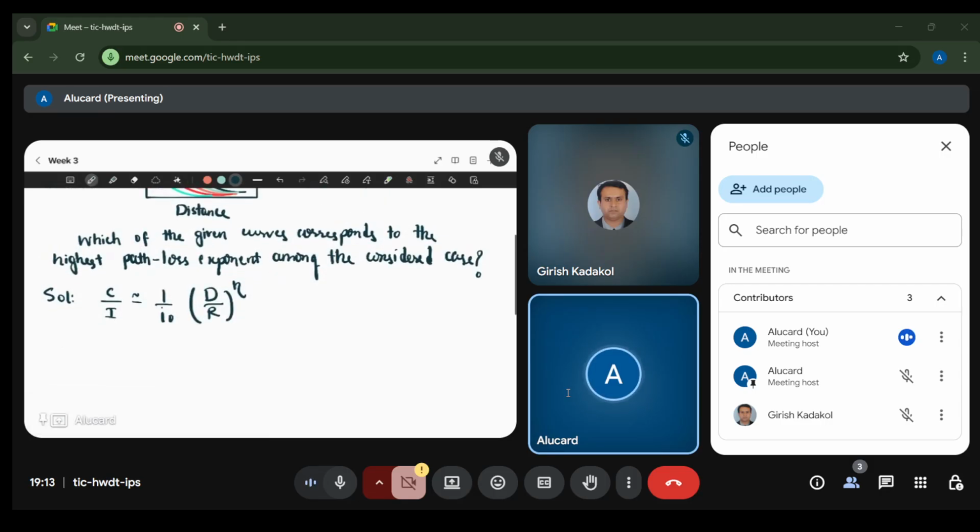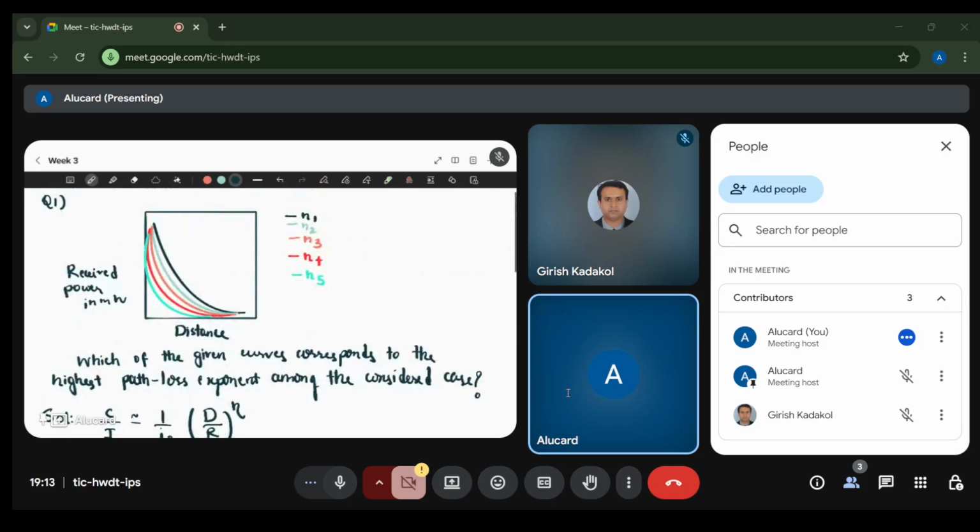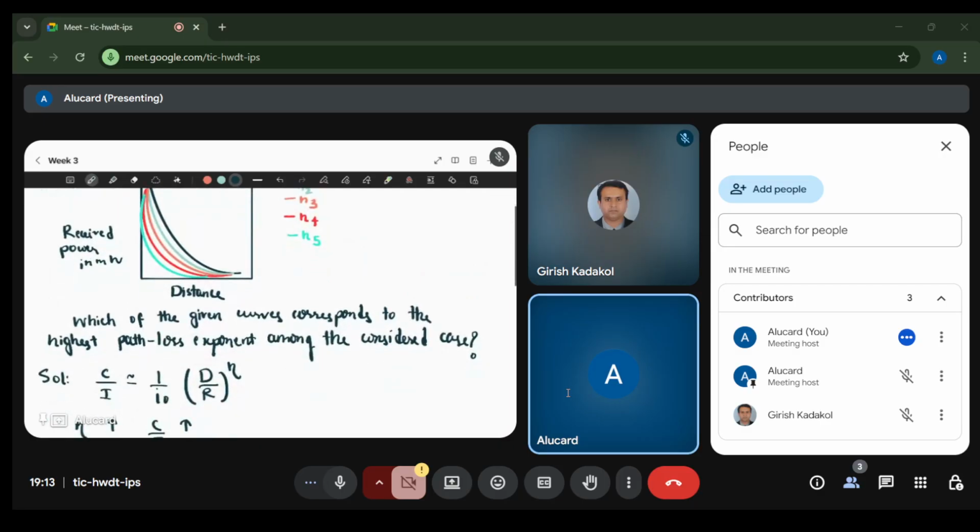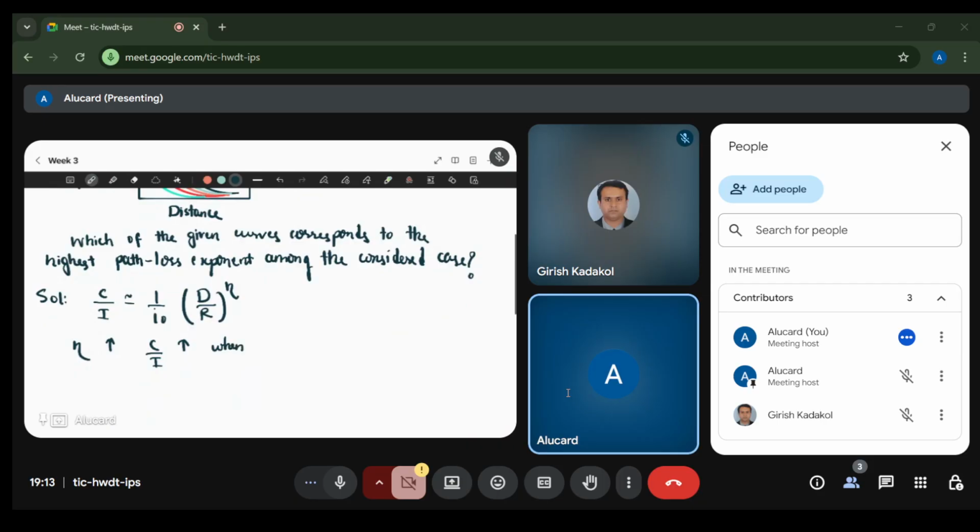So what happens to C over I as eta increases? As eta increases, C over I increases, when d is greater than r, which is obviously the case. The cochannel cells are farther than your own base station.